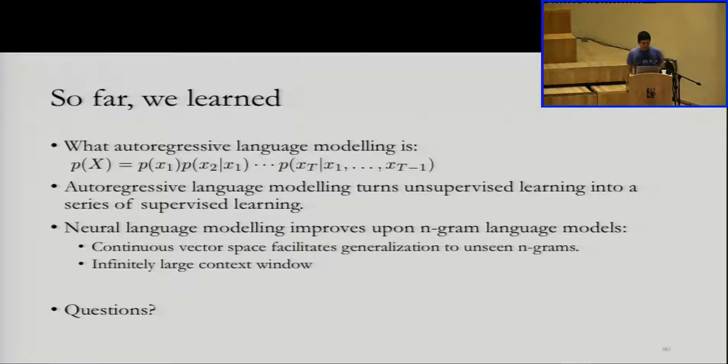We also learned how the neural language model improves upon the n-gram language model. The continuous vector representation facilitates generalization to unseen n-grams, which allows us to use larger n-grams and captures all those similarities. And now we learned that using self-attention and recurrent neural nets, we can in fact use an infinitely large context window.